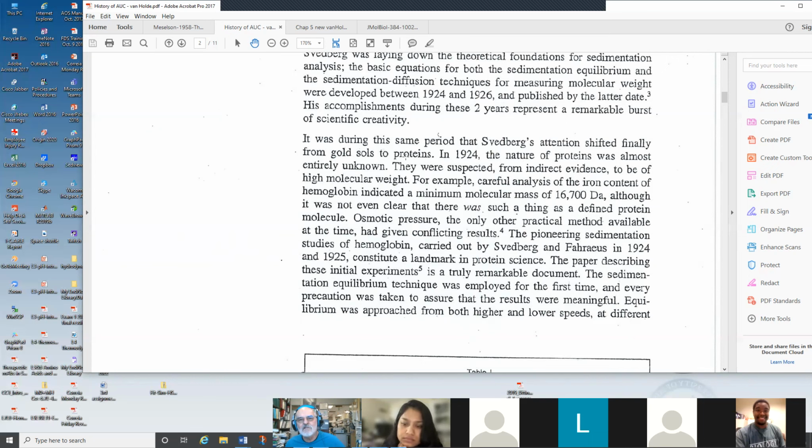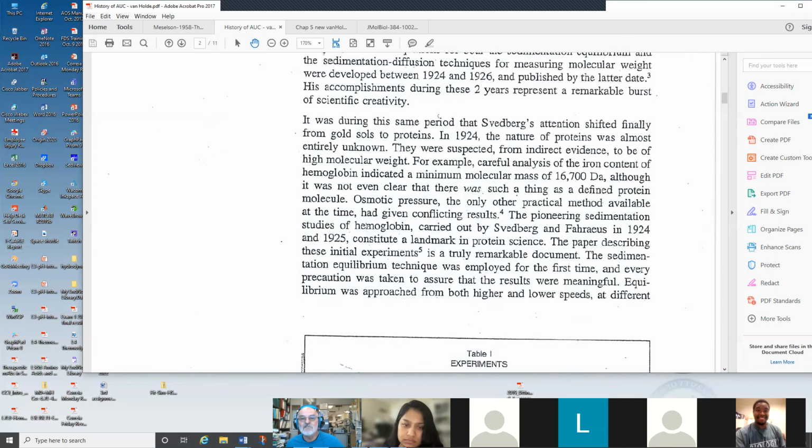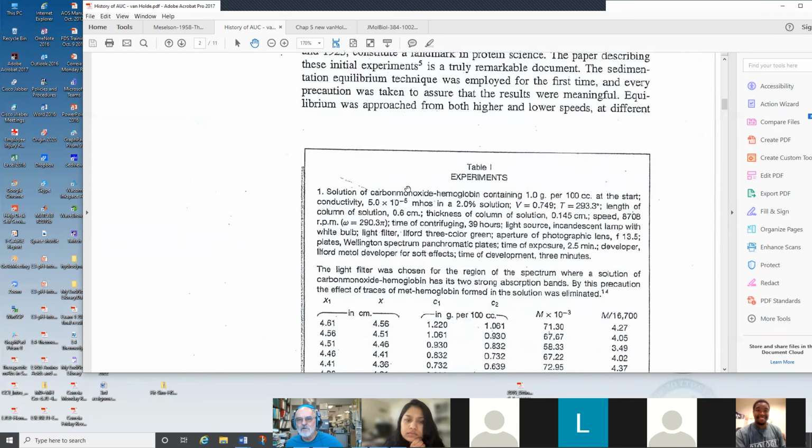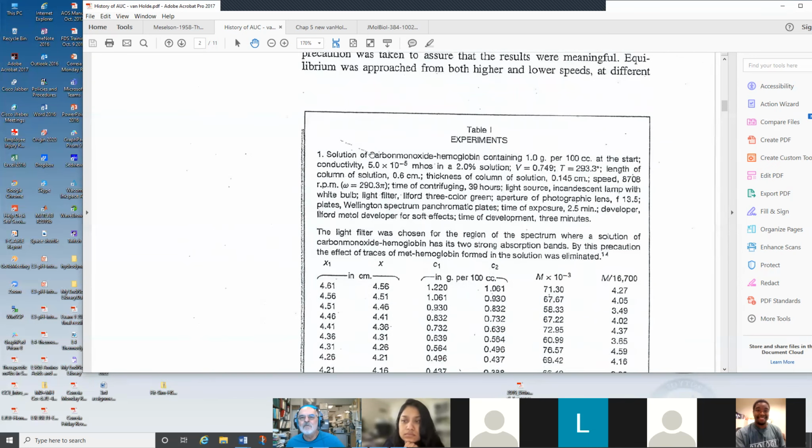And so they started sedimenting proteins, and they started sedimenting stuff like hemoglobin. Okay, and as they started doing these experiments, they discovered that they weren't colloids, they were clean macromolecules. Okay, and so they did hemoglobin.